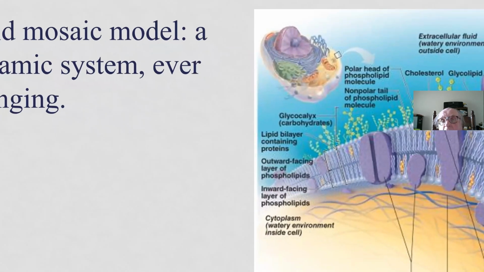This is what the cell membrane is made up of: a bilipid layer of phospholipids. The outer part, this is outside the cell, this is inside the cell. The outer part is the phosphate group. Remember, a phospholipid consists of a glycerol backbone with 2 long-chain fatty acids and a phosphate group.